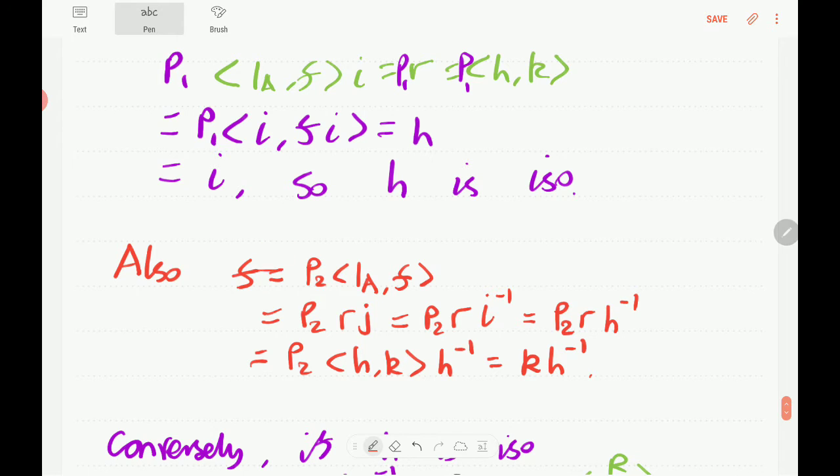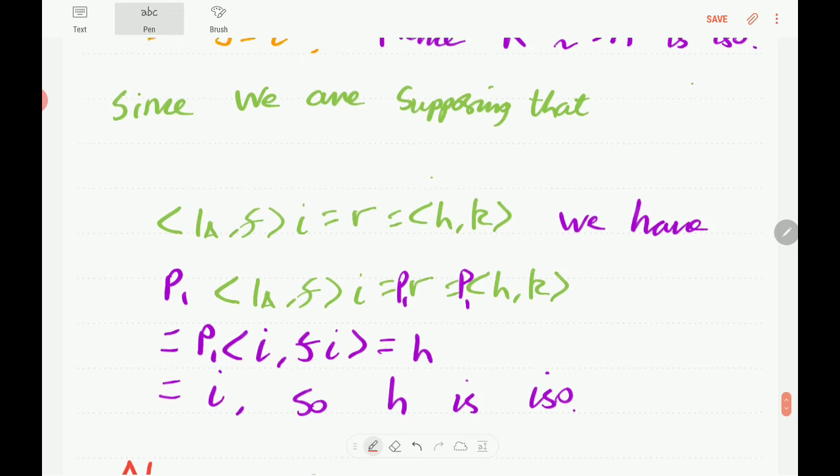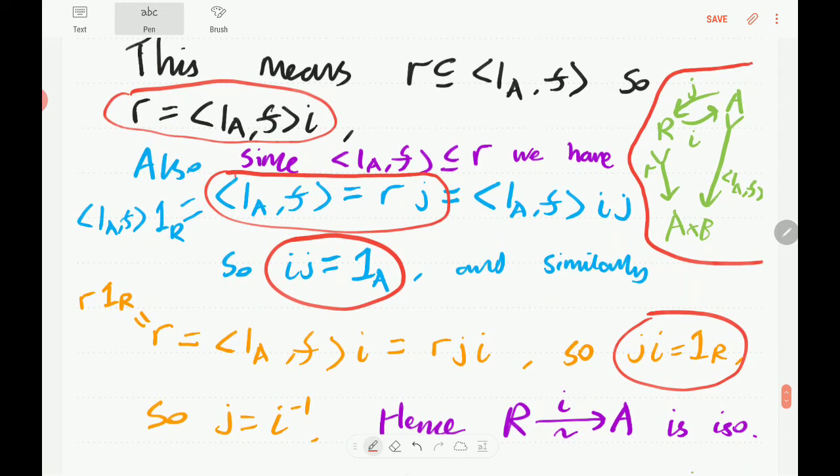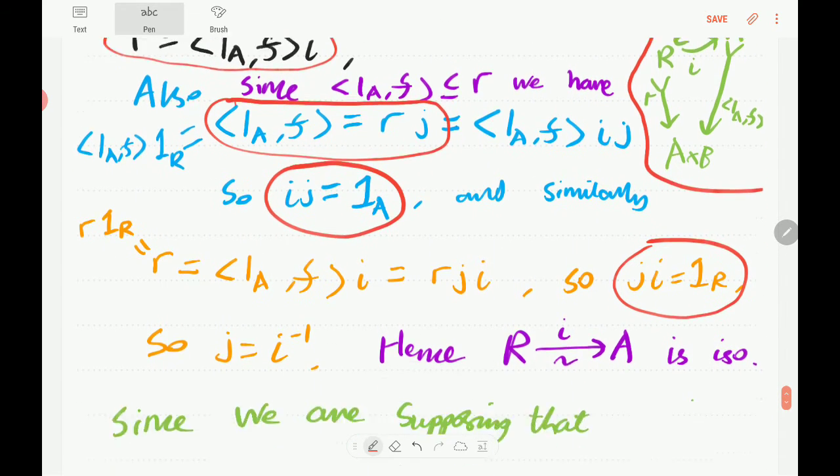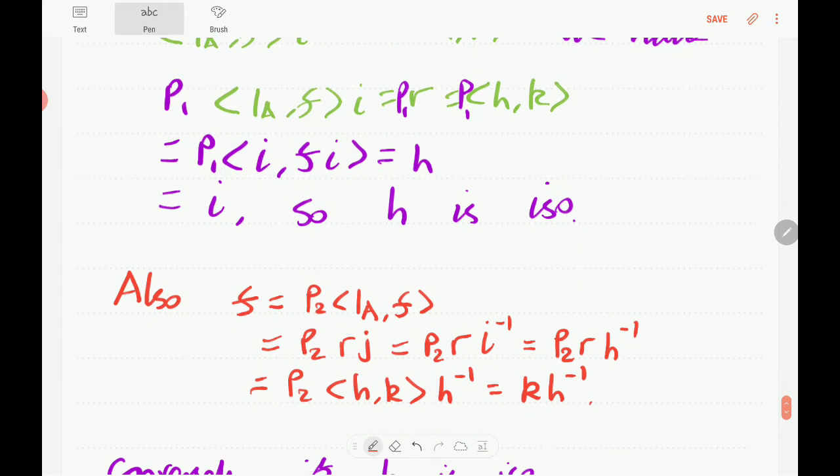So we can write f as p2 after the graph of f. And we know we can write the graph of f as r after j. We did that up here. So we write f is equal to p2 after r after j, or we could write that as p2 after r after i to the minus 1.